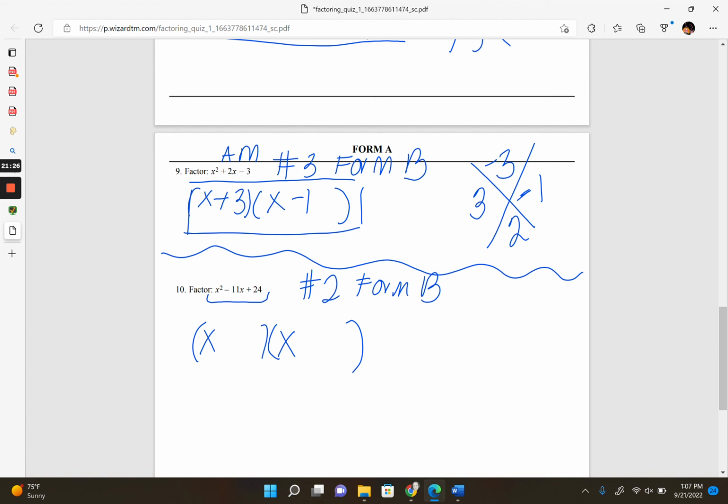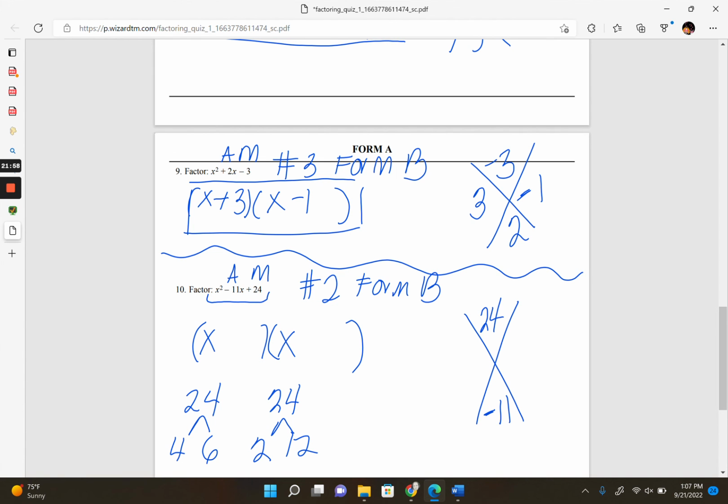What we want to do is multiply, add, multiply. We factor in the AM. We want to multiply to 24, but add to -11. So let's see what multiplies to 24 and adds to -11. You could sit here and pull out the factors and say, okay, 4 and 6. Can that somehow get to 11? 2 and 12. A lot of students do this. That's totally fine. Some people use their calculator to help them with the way that I showed you.